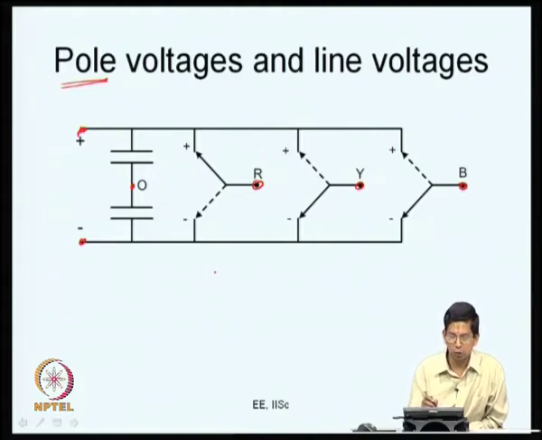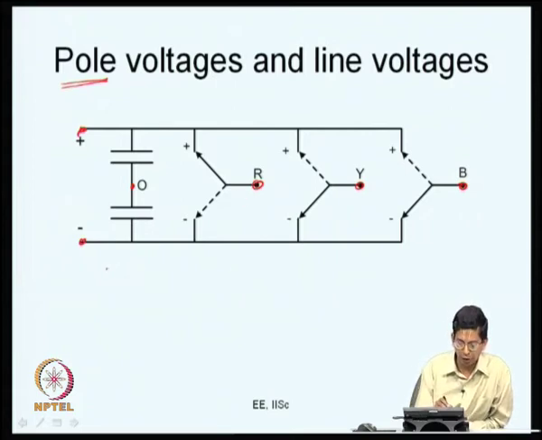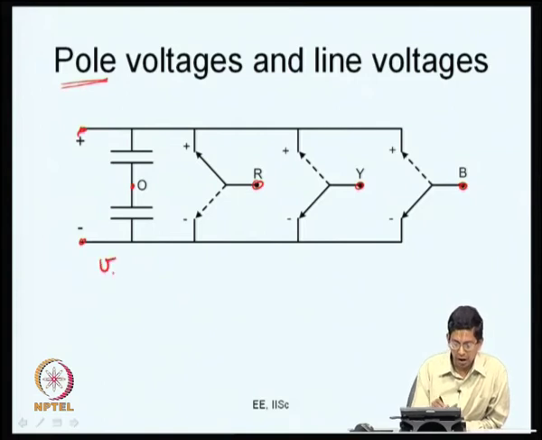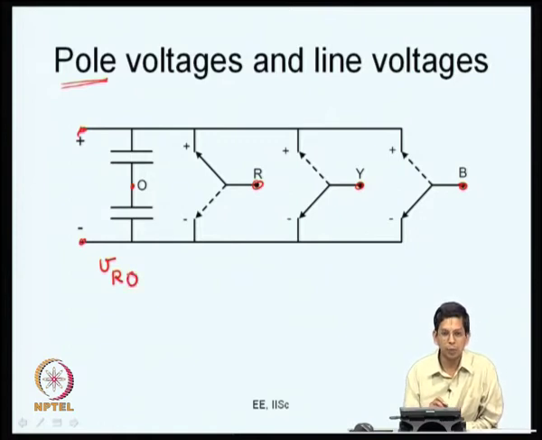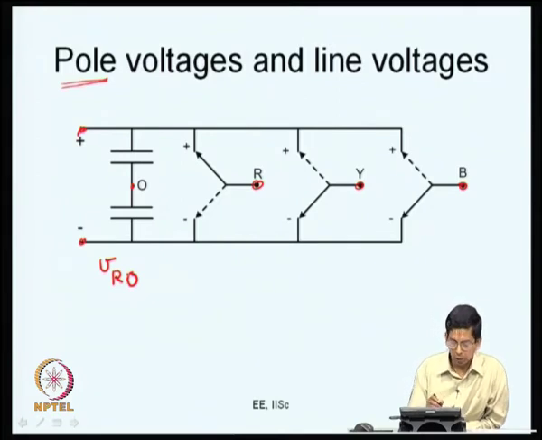Now, let us say we want to know the voltage at this terminal, the R phase terminal or pole R. We call that the pole voltage: the voltage at pole R measured with respect to the DC bus neutral O. This is what we would call the pole voltage VRO. If the pole is connected to the top throw, as indicated by the solid line here, then the potential will be plus VDC by 2.